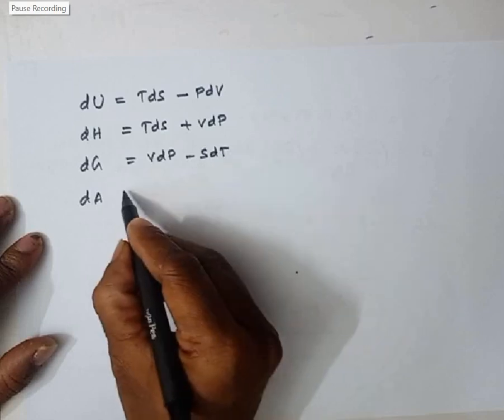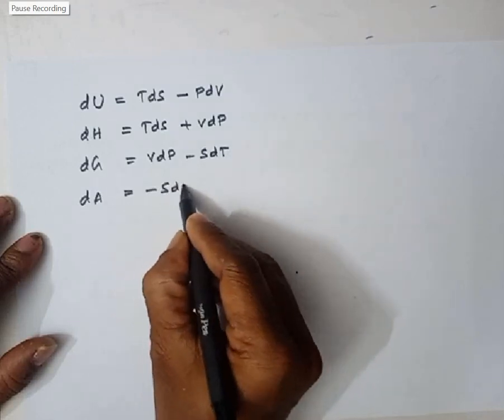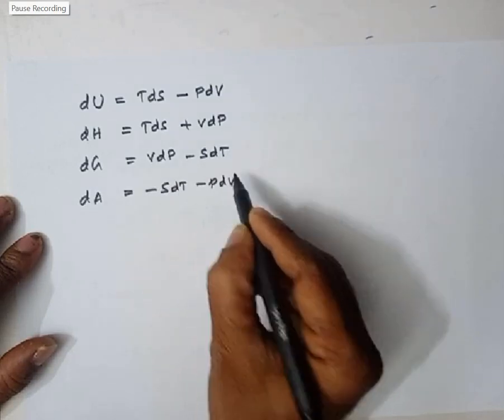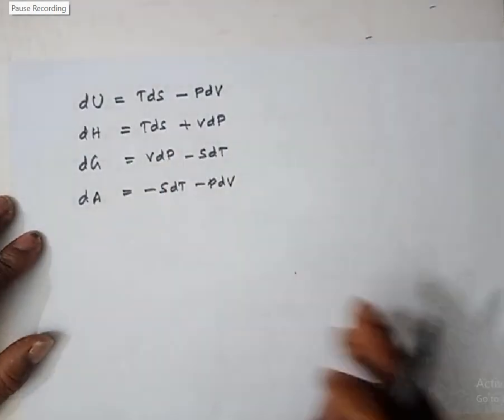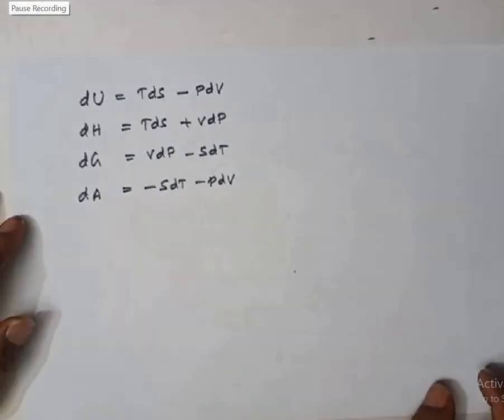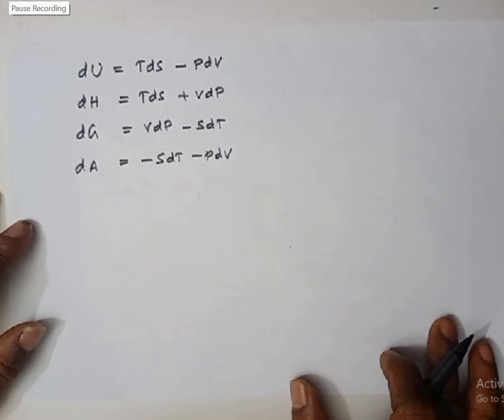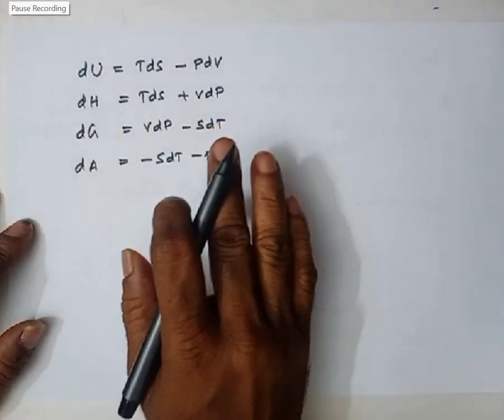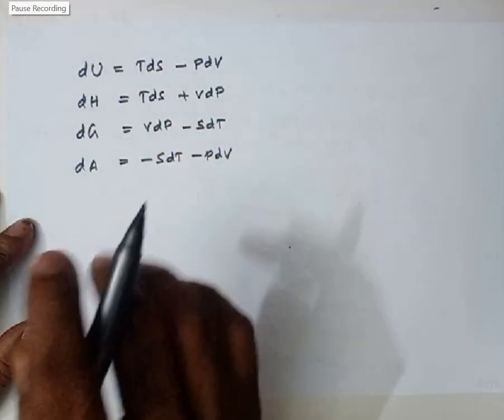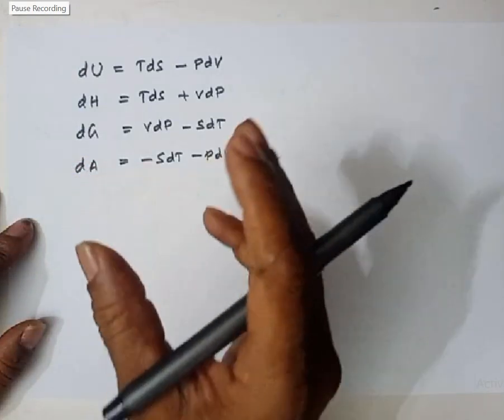And dA is equal to minus SdT minus PdV. All these four equations are applicable for a closed system and a pure system. Now I am having an open system.